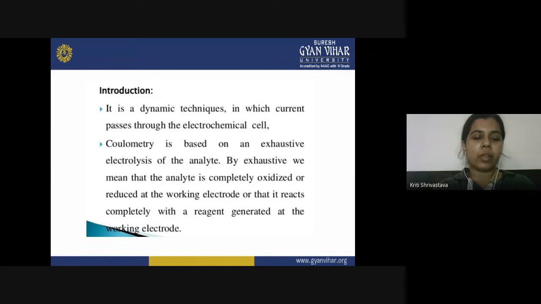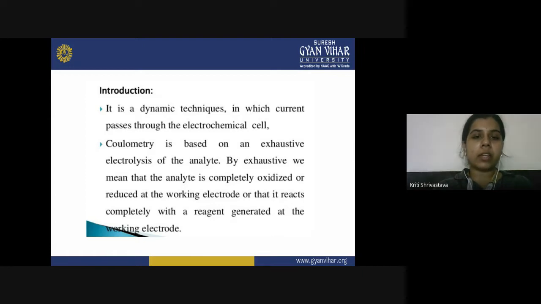Like all these techniques, coulometry is also a dynamic technique, and here we pass current through the electrochemical cell. The very basis of this technique is that we perform exhaustive electrolysis of the analyte. It means that if the analyte is to be oxidized during the electrochemical reaction, then complete oxidation will take place.